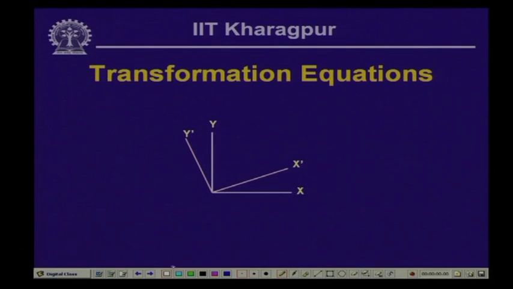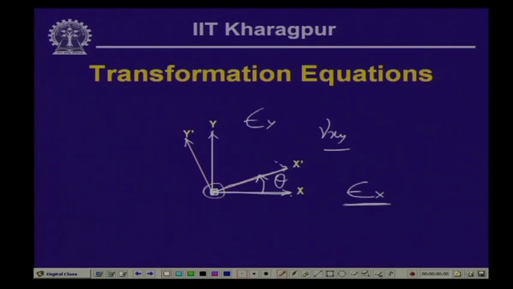Now, as I have told already, at a particular point, if we are interested to evaluate the strain in terms of the strains which are known in the x direction, y direction and the shearing strain, that is epsilon x, epsilon y and gamma x y, and we would like to evaluate the strain with reference to another axis system which is oriented at an angle of theta with reference to the x axis, and let us say this is the x dashed and y dashed axis, then what will be the state of strain at this particular point?